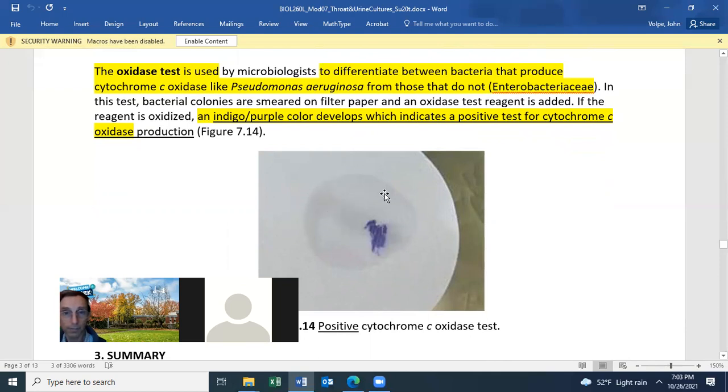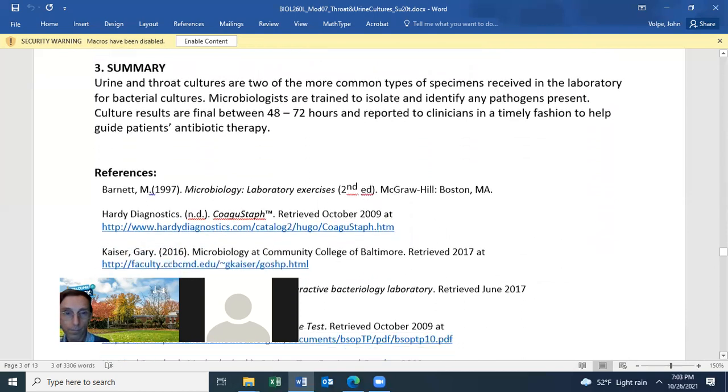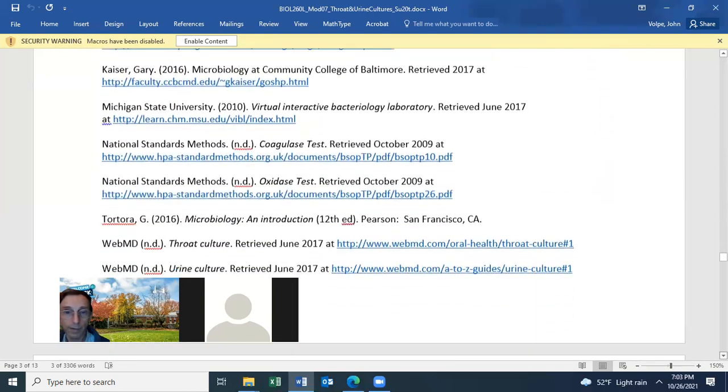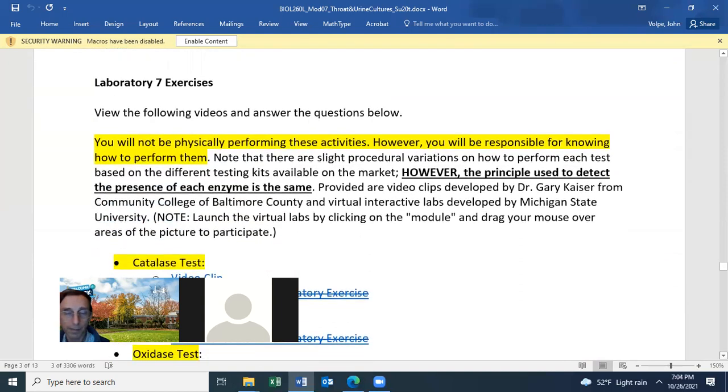It's not purple. What we're doing is we're looking for the cytochrome C. And cytochrome C oxidase will turn the oxidase test purple. All right, any questions about urinary specimens?